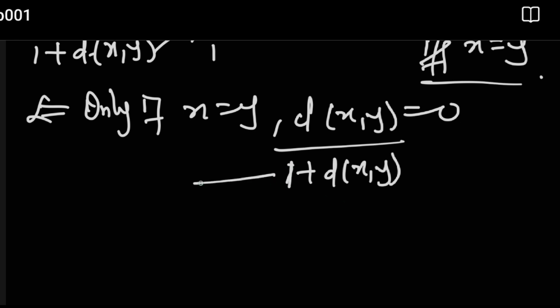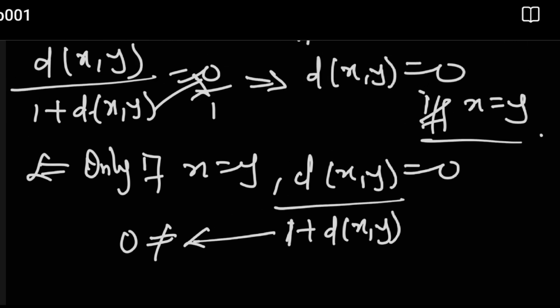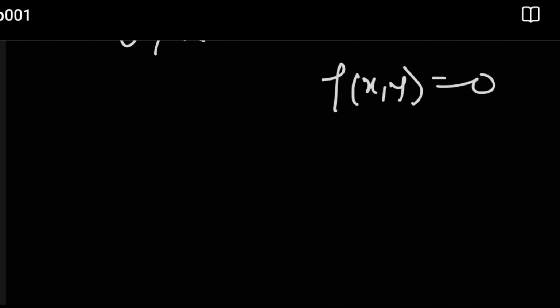Remember, again, this is not equal to 0, because d(x,y) is 0, but 1 plus d(x,y) is now non-zero. So we can divide by this. So this is still 0, and this is rho of xy, which is 0. Then we've gotten our axiom 2.